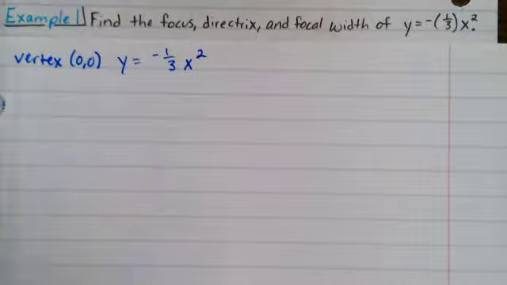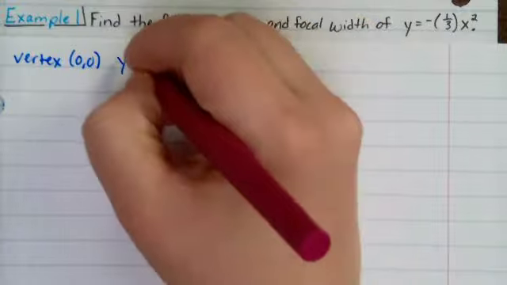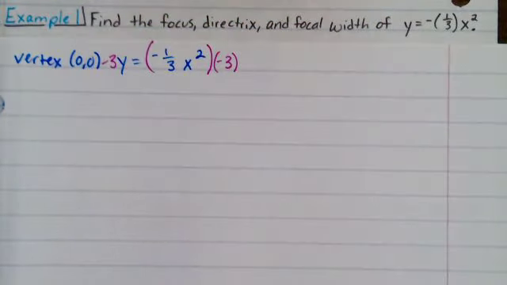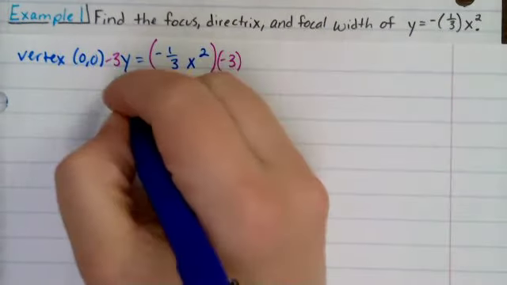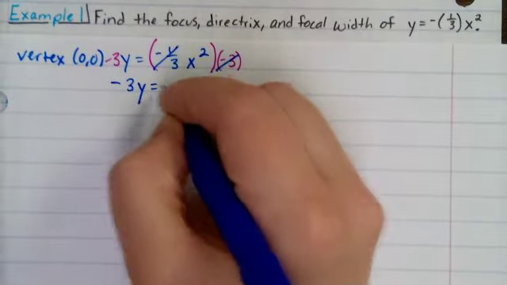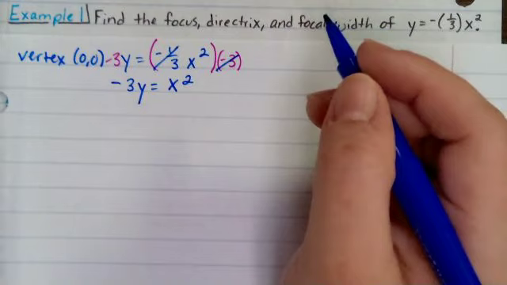And for me to rearrange that, I'm just going to multiply both sides by a -3, and that should fix it. So that's going to give me -3y equals, that cancels out, x squared. And if you want to swap the order, if you want to flip it around, you can.